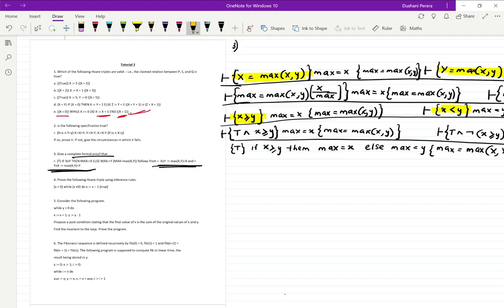So we have gone from here to here using the rule for if. And then we went from here to here using the assignment rule.